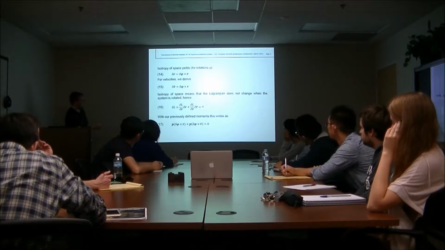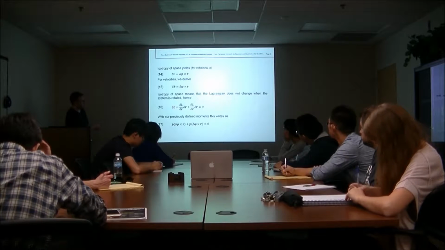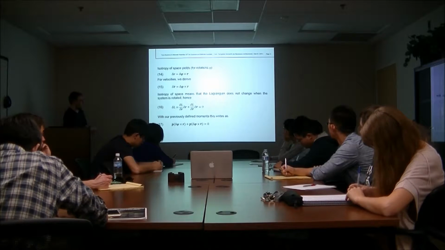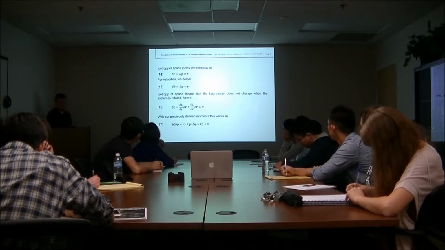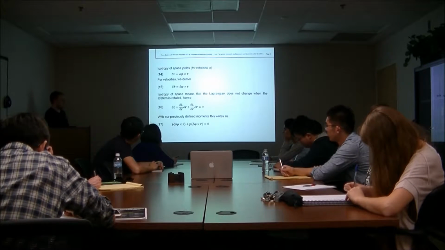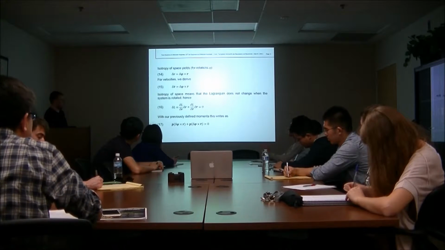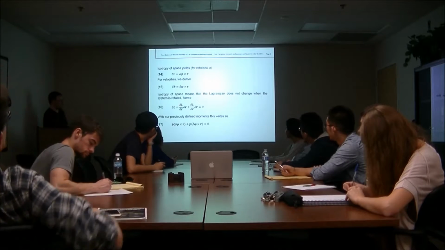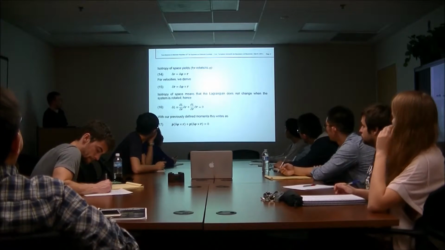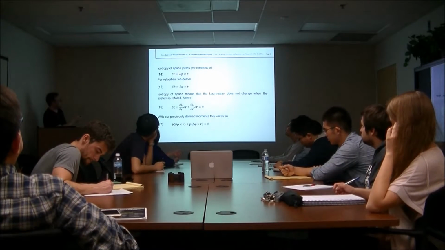And this means that the variation of the Lagrangian is 0. Same formalism as we had. Now we already had our definition of momentum, so that we can write this. This equation is just the same here, if we take this into account.